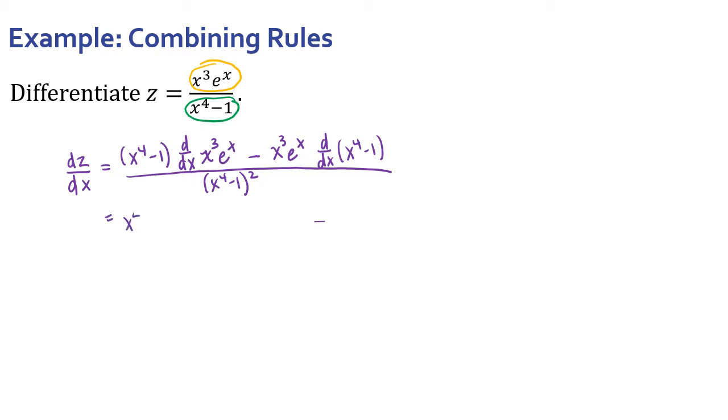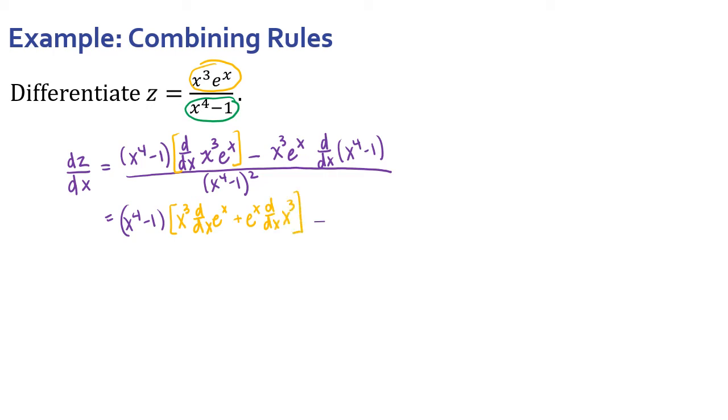So I get x to the 4th minus 1. Okay, so to figure out this derivative, that's the derivative of two functions getting multiplied together, so I'm going to have to use the product rule here. To differentiate those, that's going to be the first function times the derivative of the second, plus the second times the derivative of the first.